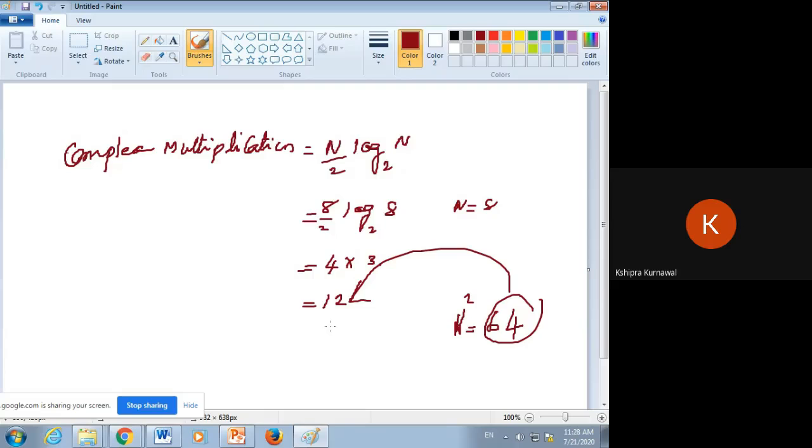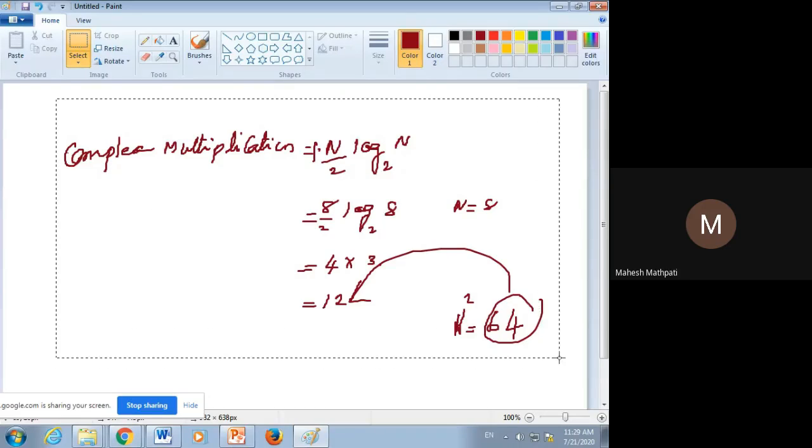Next, you just write, and the complex addition required. So for one butterfly there was one multiplication, so I write it as 1 multiplied with n by 2 log to the base 2 n. Right. Next line, and two additions are required for one butterfly.